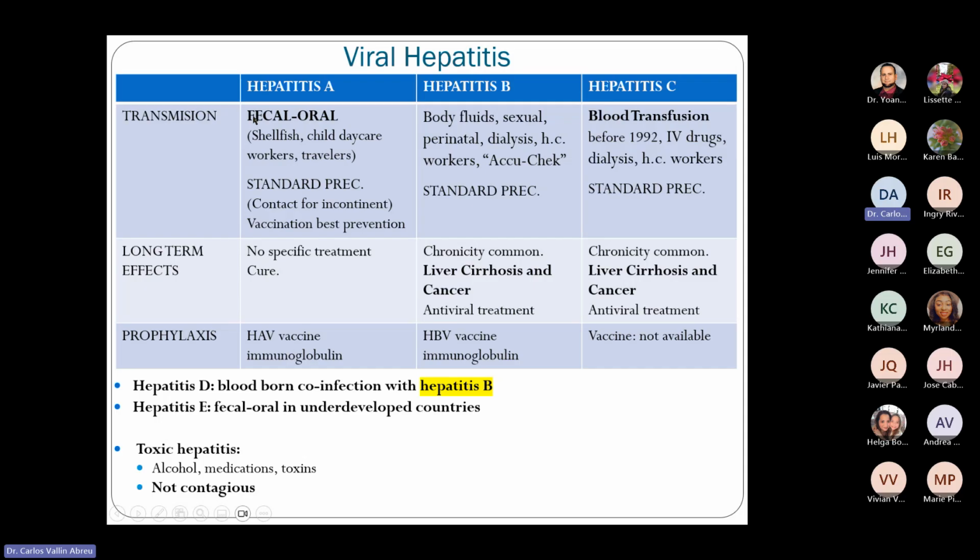The virus is eliminated through the feces. The reservoir is the human, the portal of exit is the feces, and the portal of entry is oral. So any contamination of food, water, etc., could produce this hepatitis in people that are not vaccinated.